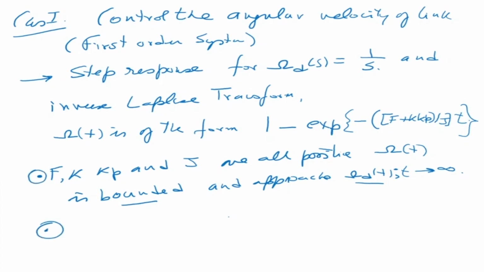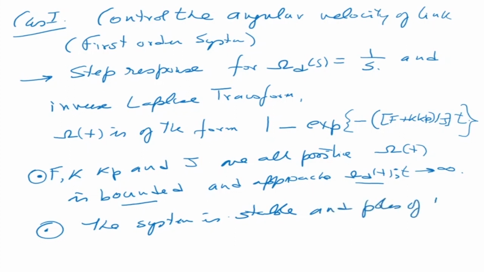The second thing we observe is that the system is stable, and the poles of the characteristic equation lie on the left of the imaginary axis.